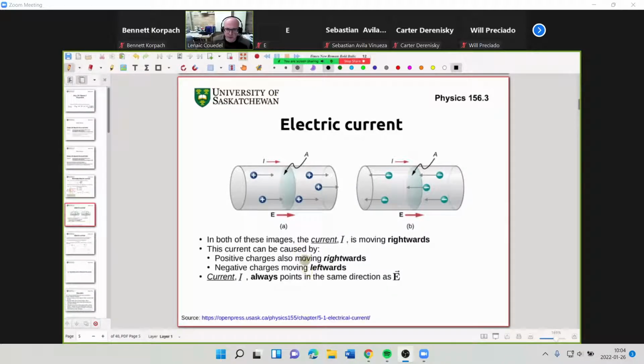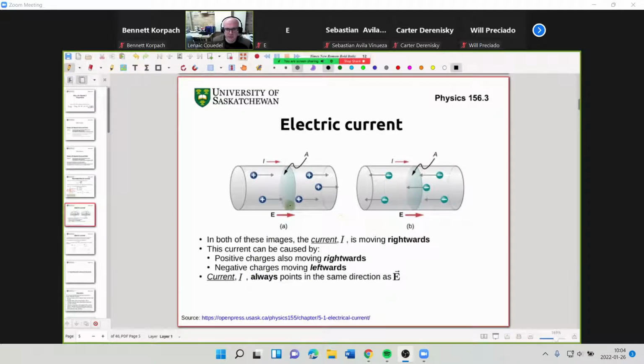For example, in this case, the positive charge here will move rightwards because the electric field points to the right, and the electron, negative charge, will move leftward. See, the current I always points in the same direction as the electric field.